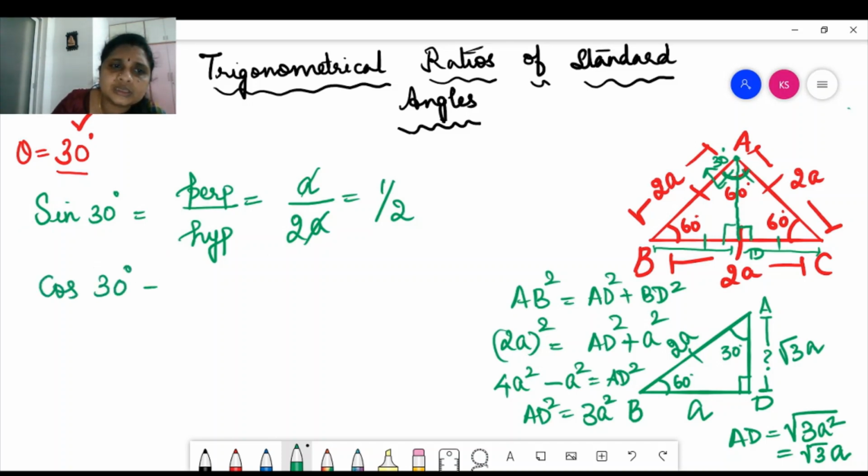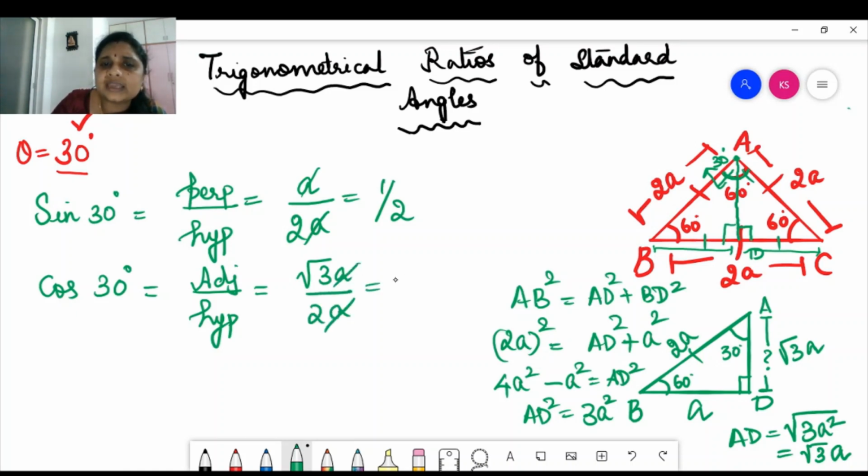Cos 30 degrees is equal to the adjacent side or the base divided by the hypotenuse. Now what is the side that's adjacent to 30 degrees? That's AD, which measures root 3A, divided by the hypotenuse 2A. So A gets cancelled because we have to simplify. Any ratio should be expressed in its simplest form, so the common factors have to be cancelled out. That's nothing but root 3 by 2.